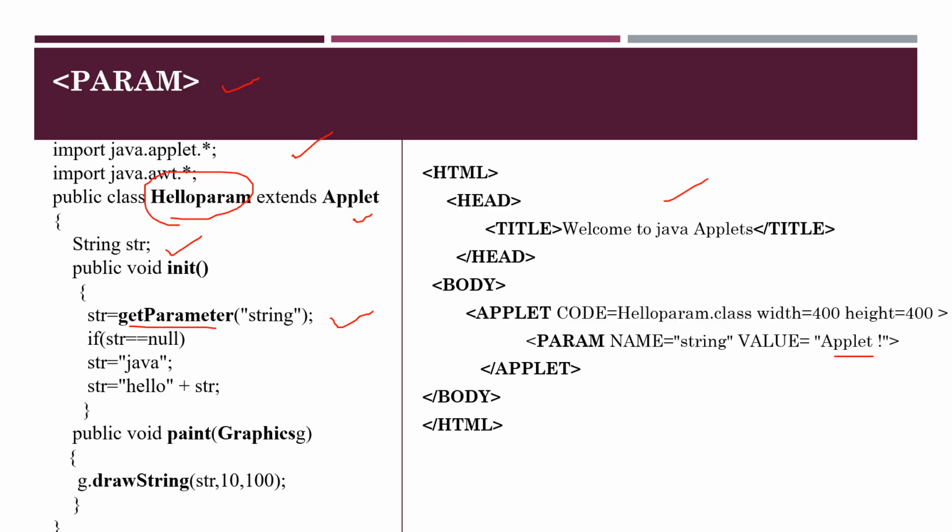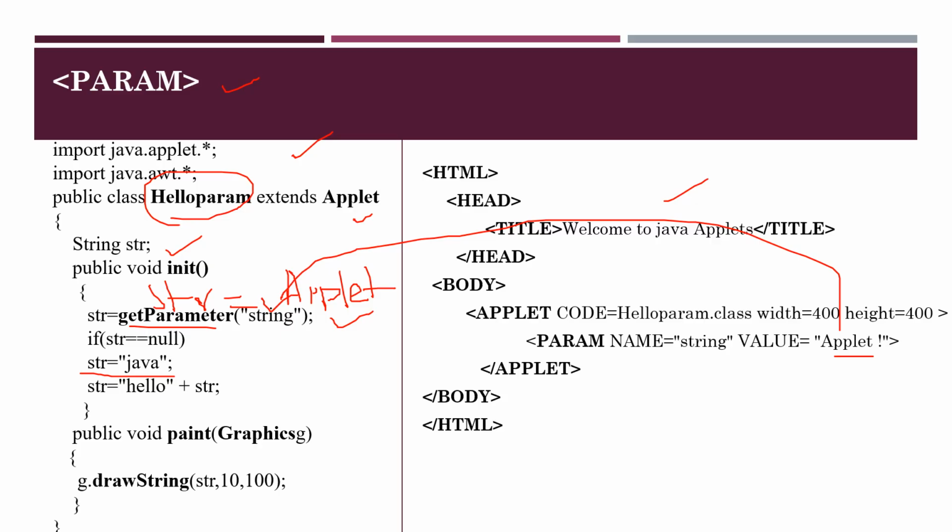This value is passed into this string, and str is now equal to applet. So the string value is now applet.